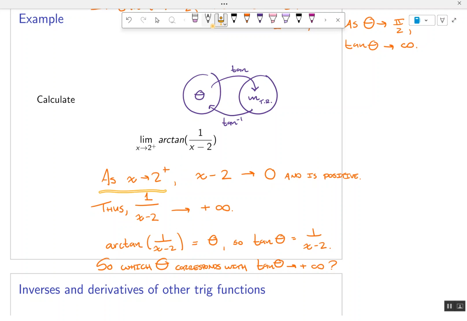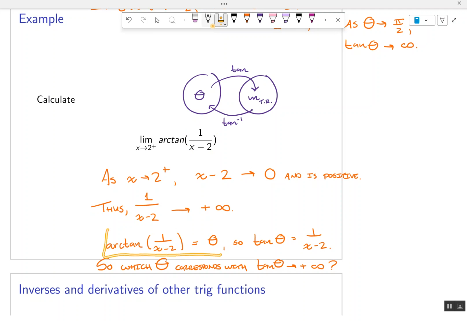As x approaches 2 from above, x minus 2 gets closer to 0 and is positive because this number here is going to be bigger than 2. Thus 1 over x minus 2 approaches infinity because I'm dividing by something that's getting tiny, tiny, tiny, but positive. So this thing gets closer to infinity.